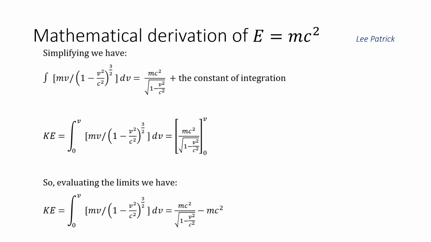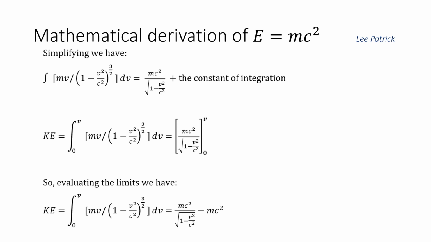Simplifying, we have the integral of mv over (1 minus v squared over c squared) to the power 3 over 2 with respect to velocity equals mc squared over the square root of 1 minus v squared over c squared, plus a constant of integration.